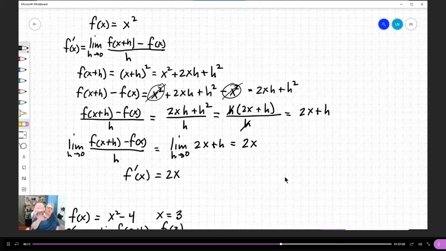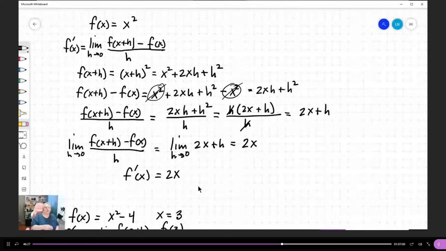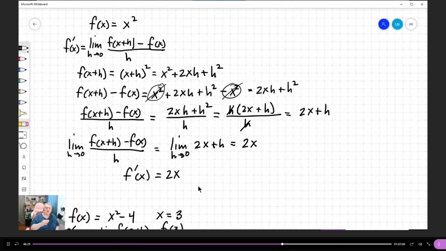All right, so the very first problem we did was to take f of x equals x squared. We went through this whole process of finding this limit and discovered that f prime is 2x. So what does that mean? Well, that means if I have the function f of x equals x squared, then I know its derivative is 2x. So now I don't have to do that again.